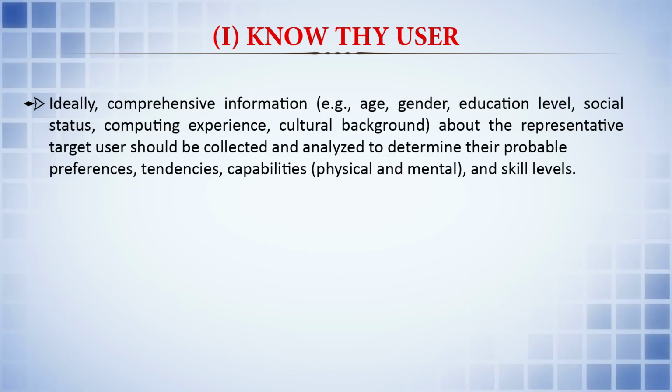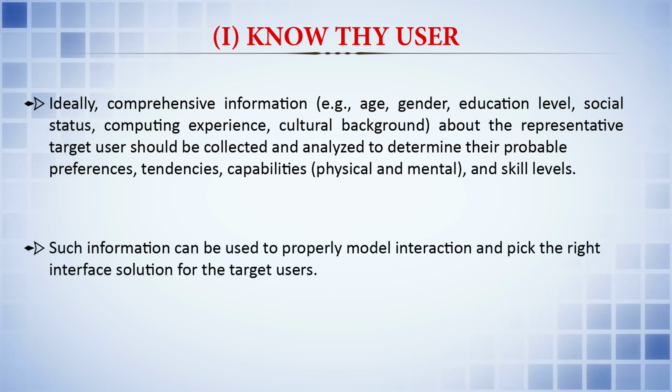Ideally, comprehensive information like age, gender, education level, social status, computing experience and cultural background about the representative target users should be collected and analyzed to determine their probable preferences, tendencies, capabilities and skill levels. Such information can be used to properly model interaction and pick the right interface solution for the target users.